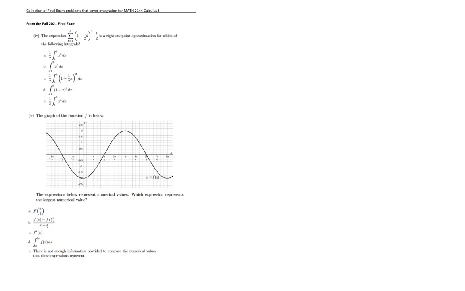So for the next one, I'm given that this Riemann sum is a right endpoint approximation for which of the following integrals. I think it always helps to just write out a few of the terms.